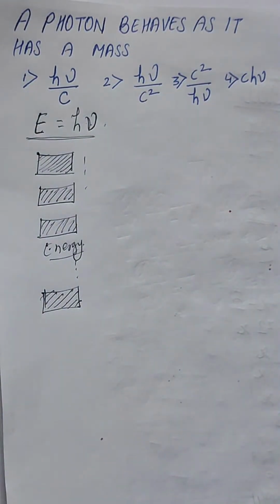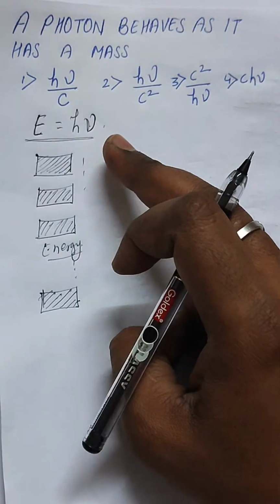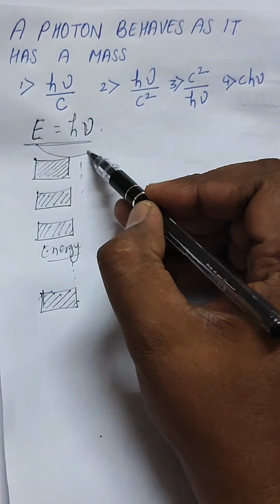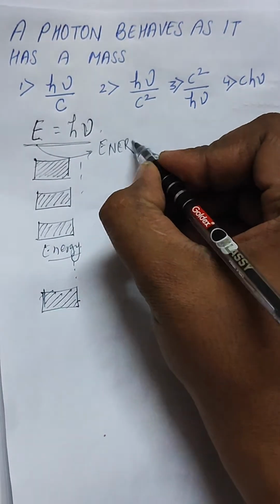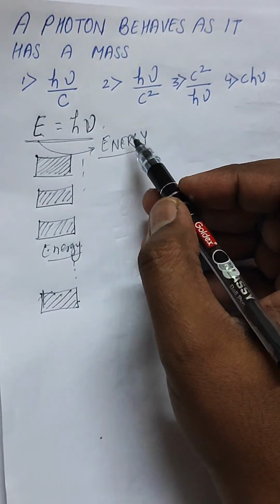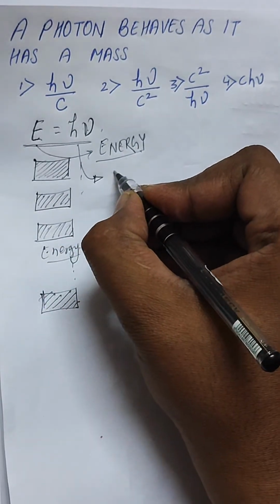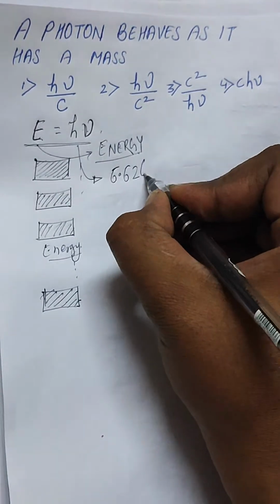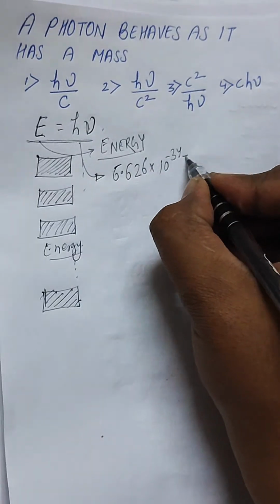Now these are the basic things to understand, where E is the energy of the respective photon, and h is Planck's constant, whose value is around 6.626 into 10 to the power minus 34 joule second.